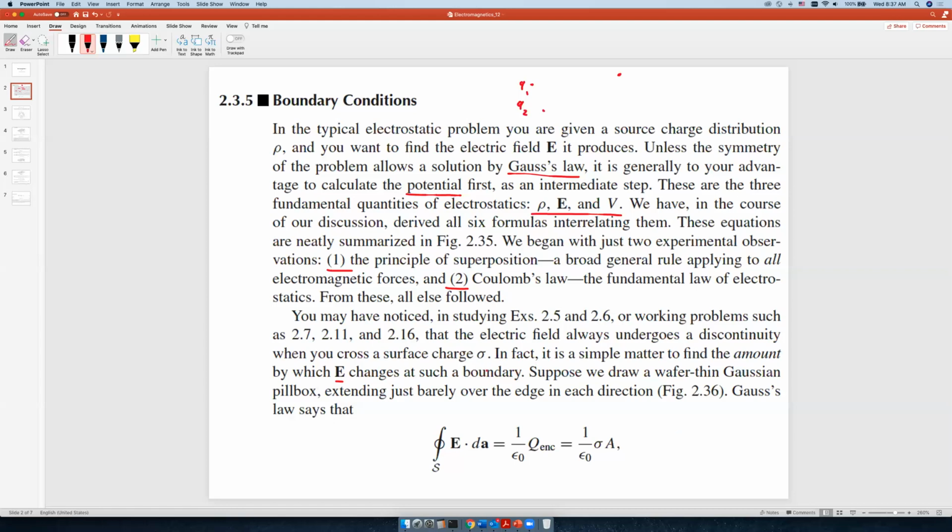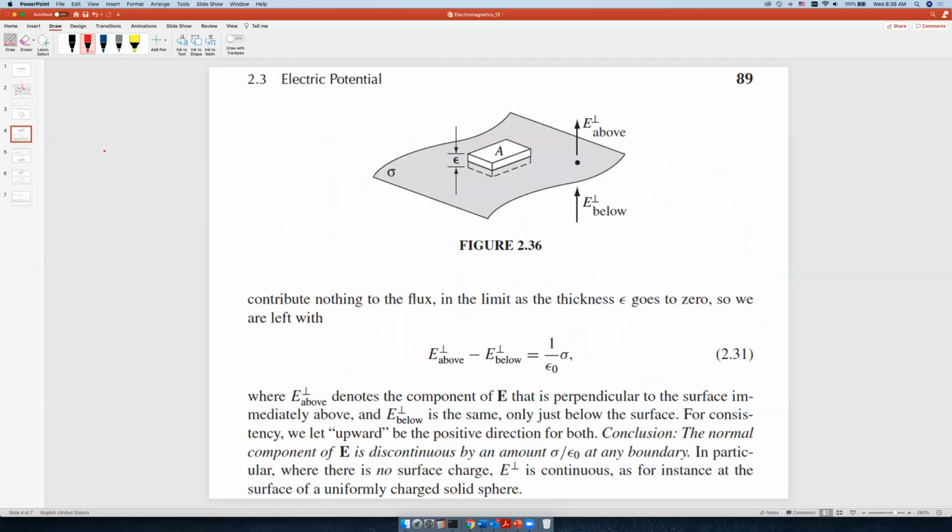Now, let's say we have a surface, as shown here, and let's draw a very small pillbox on the surface. If you draw the pillbox small enough, it will have a rectangular shape, as shown here.